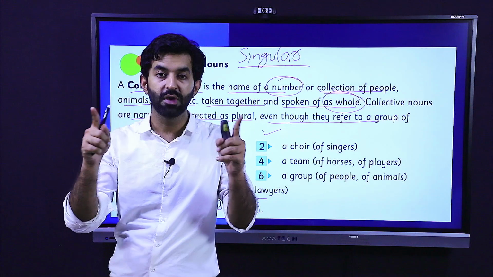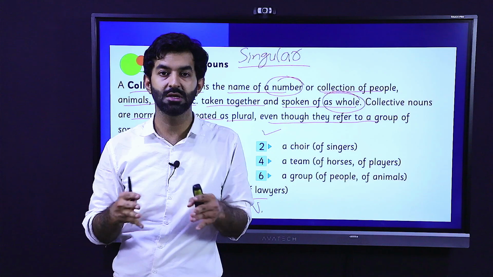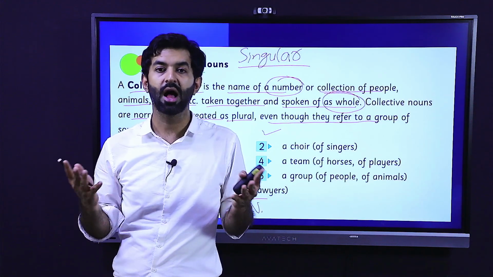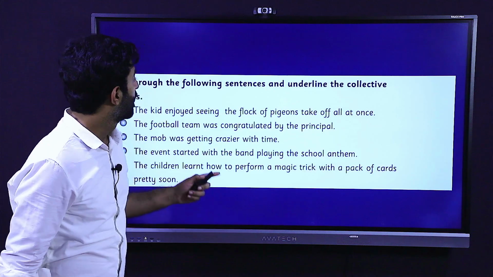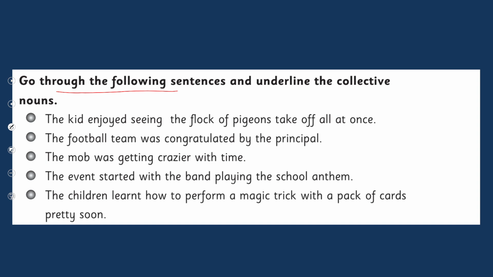So we name such a room where students sit, come and learn, a class. Next one, you have to now underline the collective nouns. The kid enjoyed seeing the flock of pigeons take off all at once. Flock is a group of pigeons or birds.